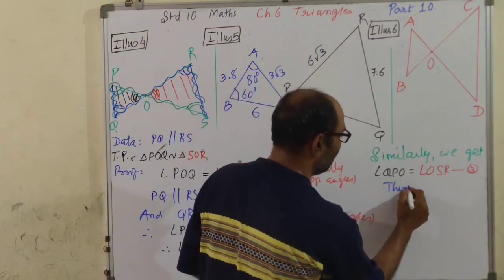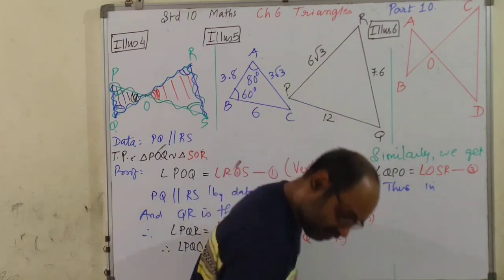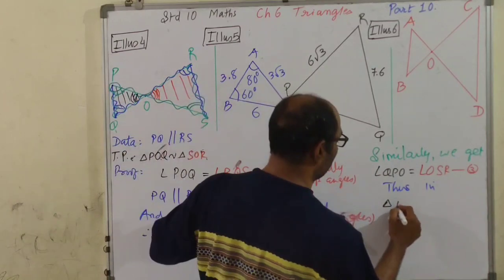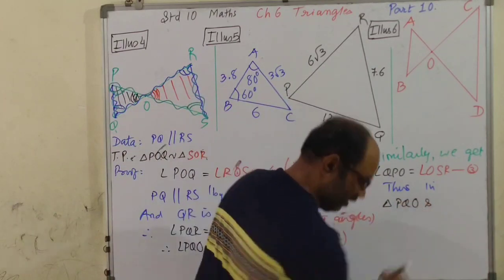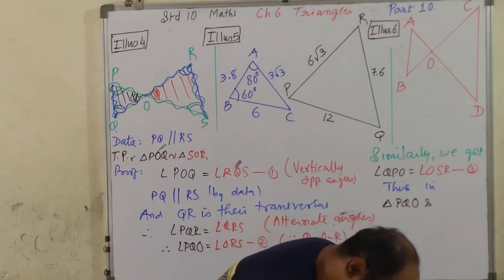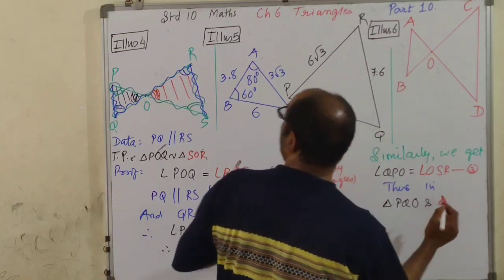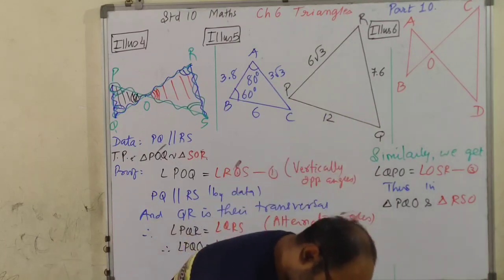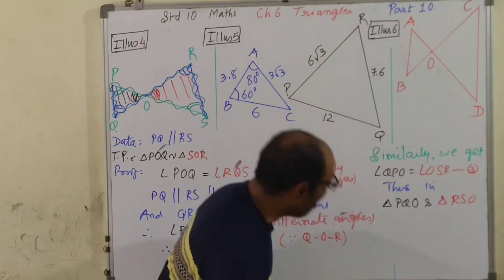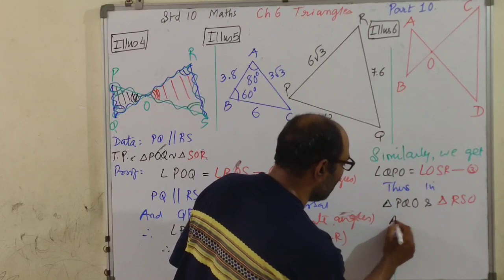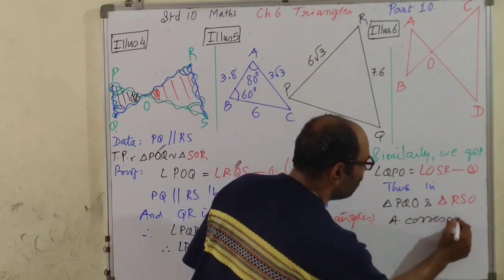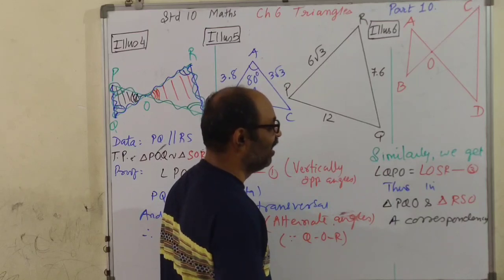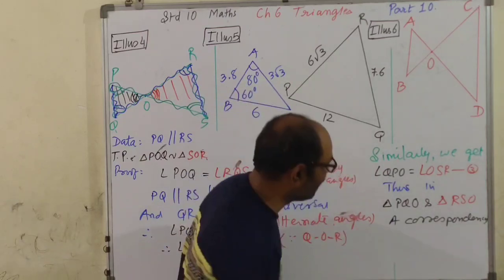Thus, in triangle black, let me say PQO. And triangle red, let me say RSO. A correspondence. Let me write it once, children.